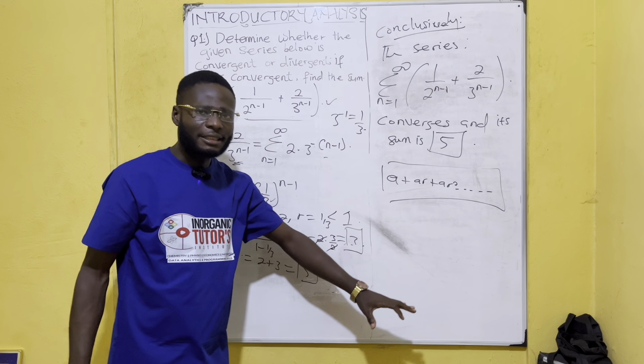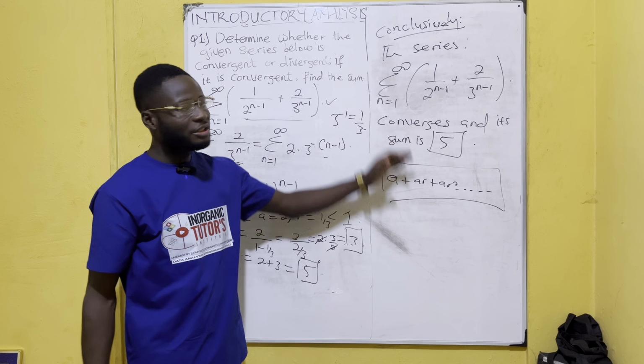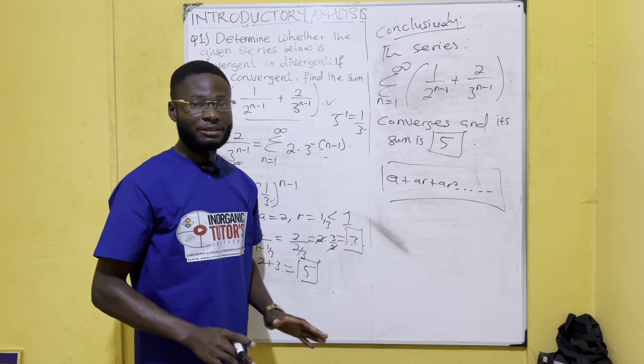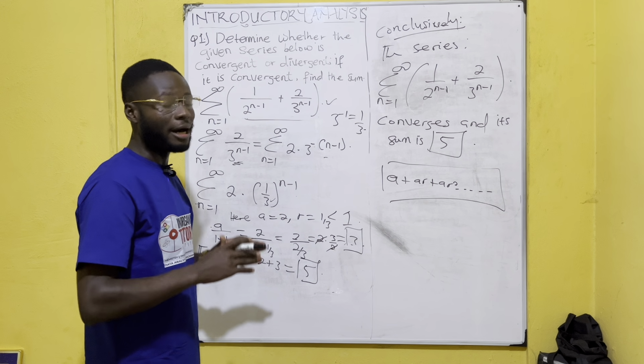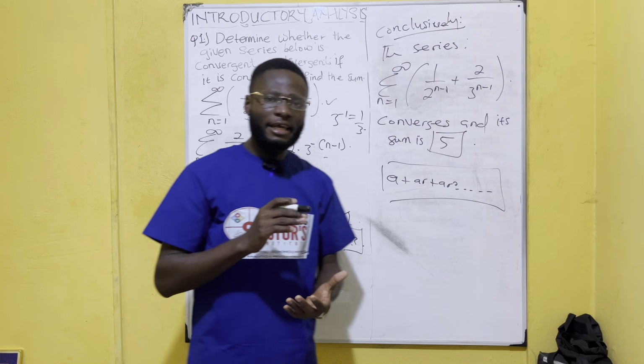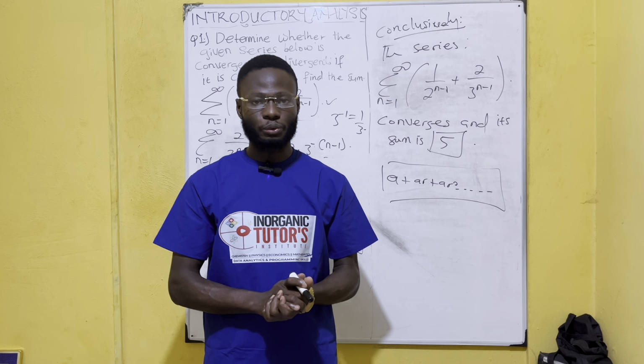Then you follow the tips that I gave before we started solving the problem. Once you follow the tips, nothing becomes difficult again. So that is question number 1. Now give me some short break. I'll be right back with question number 2.